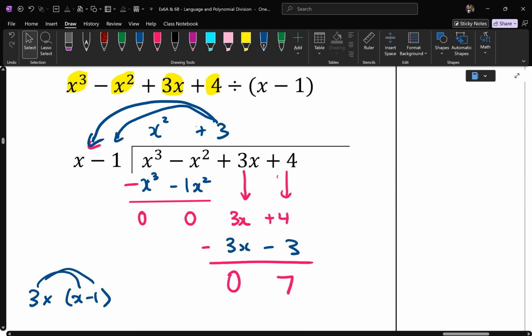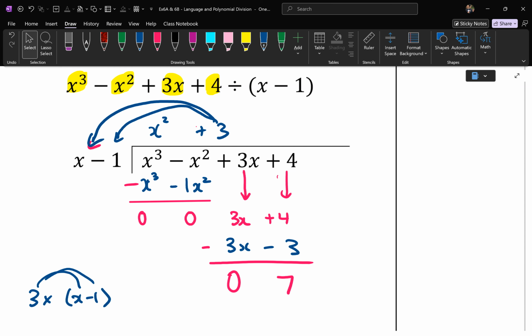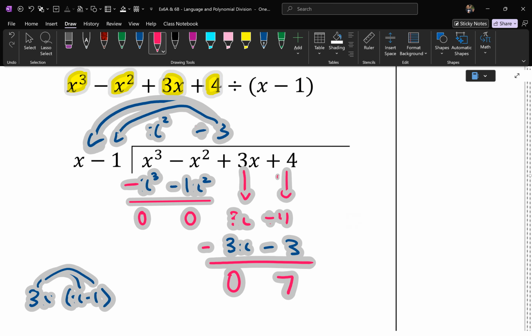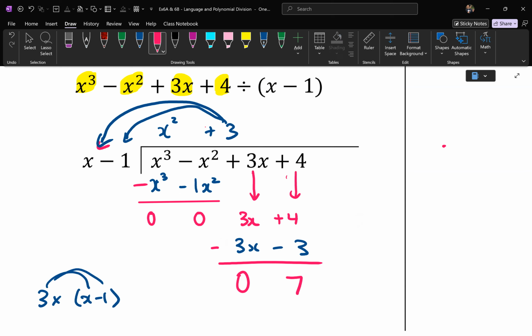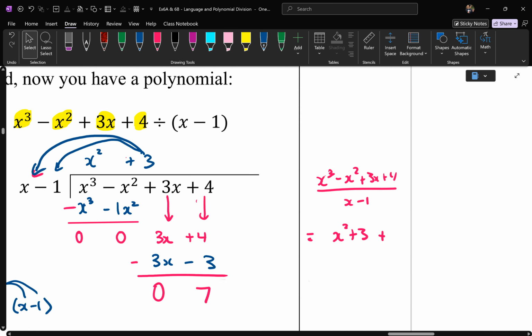That's my remainder. So if I write my answer, the quotient when you're dividing x cubed minus x squared plus 3x plus 4 by x minus 1, you know it fits in x squared plus 3 wholes. That's my quotient. Plus my remainder. And what's my remainder?